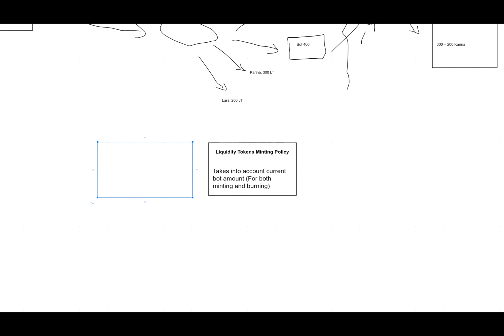You need to keep track of how much funds the bot currently has and the amount of JSON tokens, in terms of ADA. You can use it as a reference input for the minting policy, and that's it.